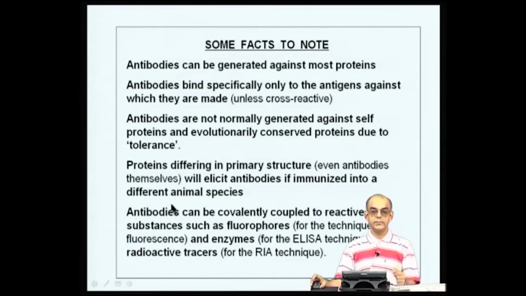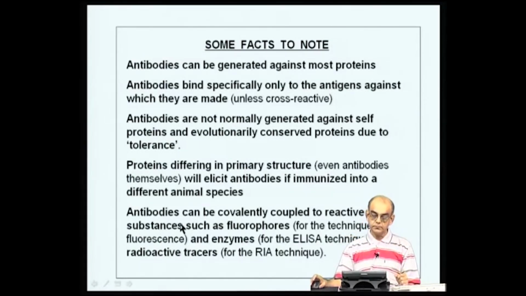If you inject purified rat immunoglobulin IgG molecules into a different animal such as a sheep, then the sheep will make antibodies to the rat immunoglobulin IgG molecule. So, in short they will say sheep anti-mouse IgG or sheep anti-mouse IgM, and so on and so forth.